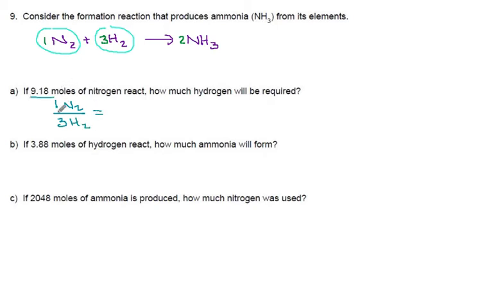But they're not using 1 and 3, they're using 9.18 of nitrogen. 9.18 moles of nitrogen, and we don't know the hydrogen, we're trying to find it. So if you cross multiply, 9.18 times 3 is 27.54, divided by 1, 27.54 moles of hydrogen involved.